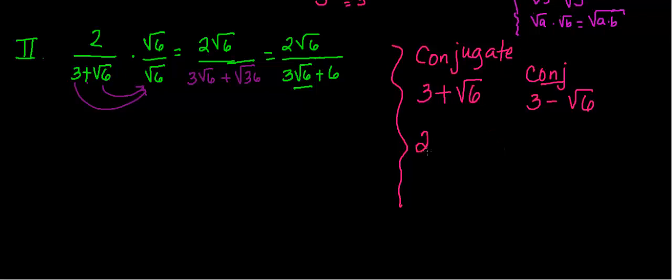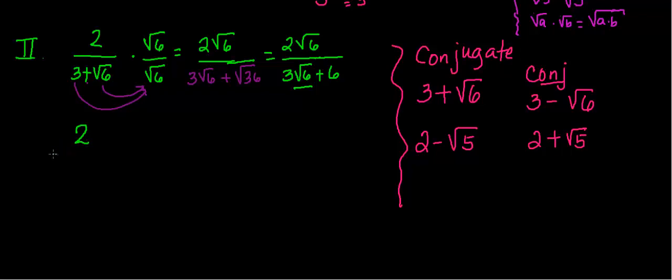If you have 2 minus the square root of 5, the conjugate is going to be 2 plus the square root of 5, okay? And that's what you're going to use to multiply the numerator and denominator by to be able to get rid of the square root that's in the denominator here, okay? So let's do this with this problem.